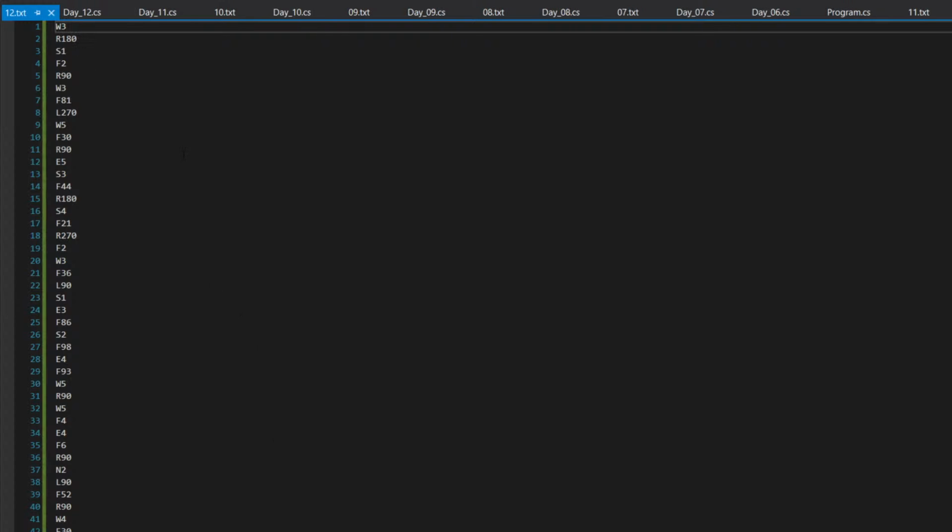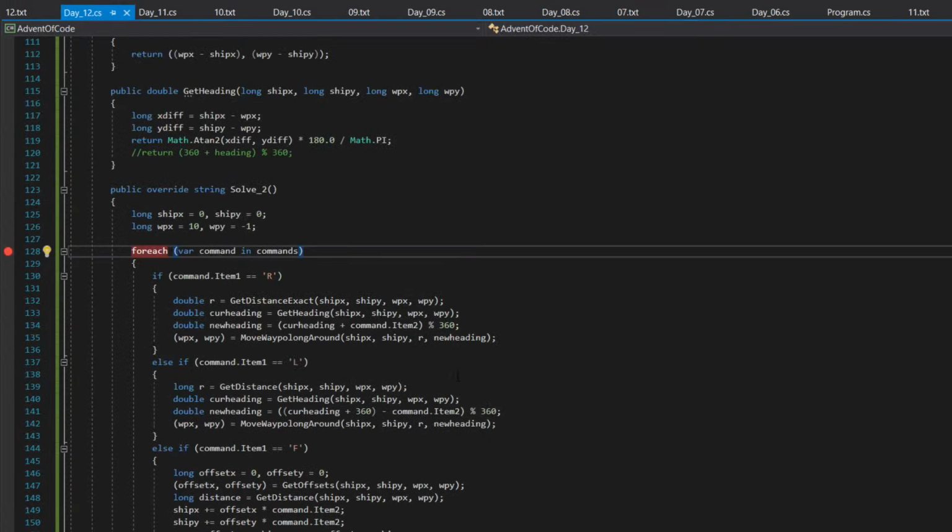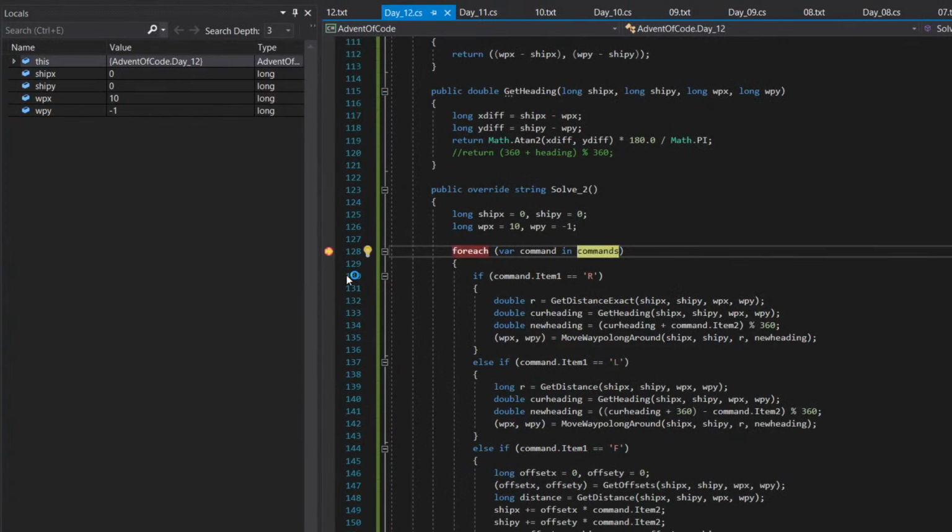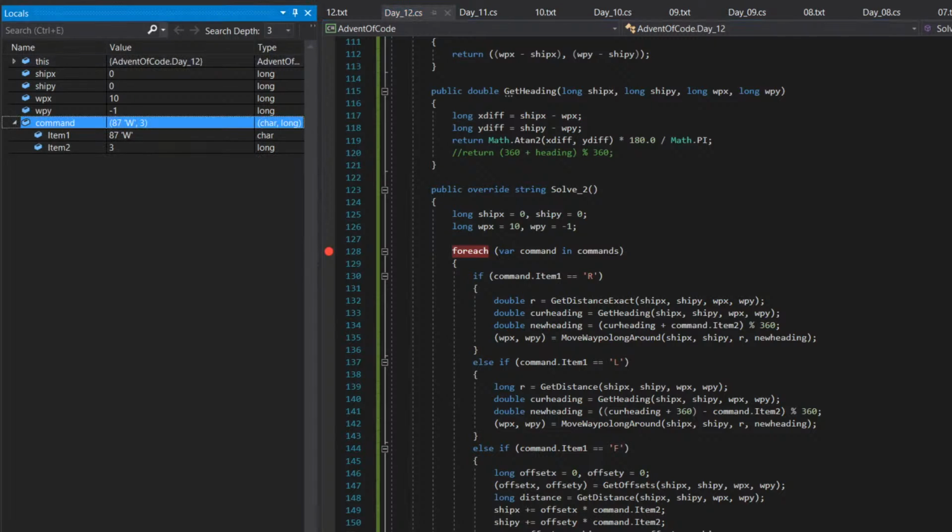So move west 3 means we're going to move our waypoint. Waypoint is going to move west 3. So we should have WPX changed to what, 7? Yeah.